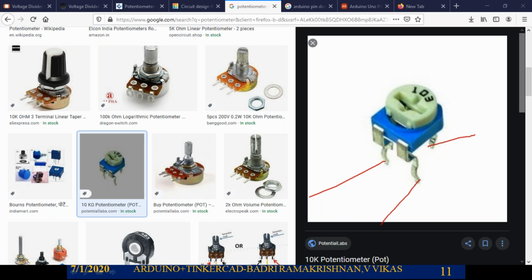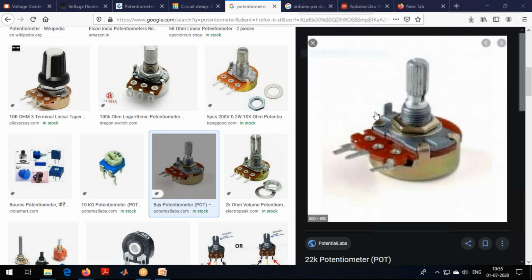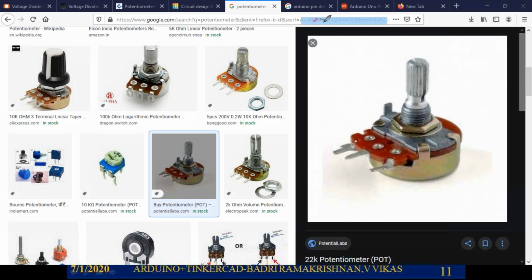They are saying it like that. For example, if we consider this one also, this is terminal 1, this is terminal 2, this is the wiper. Like that we are considering.